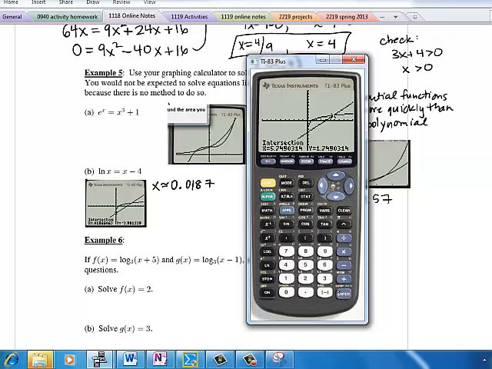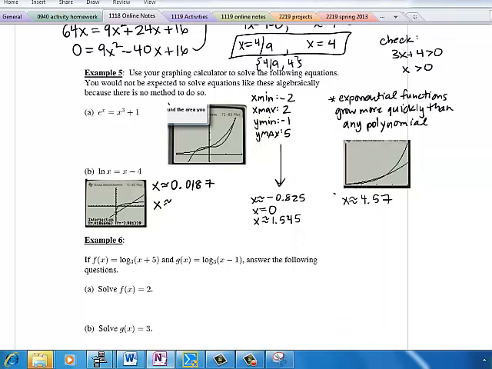So about 5.749. So just those two solutions.